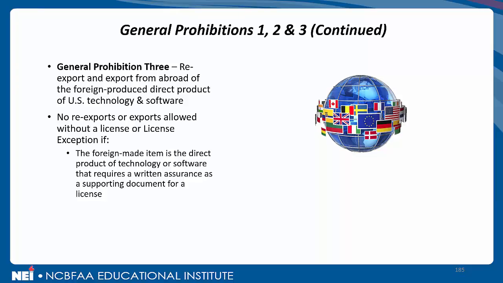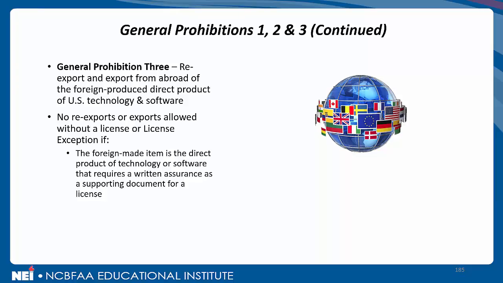So, second bullet point, no re-exports or exports are allowed without a license or license exception if that foreign-made item is the direct product of technology or software that requires a written assurance as a supporting document for a license. We'll talk more about what those supporting documents are a little bit further ahead.